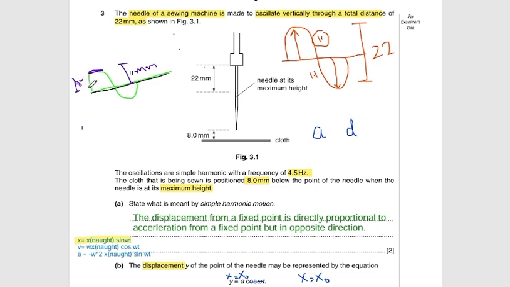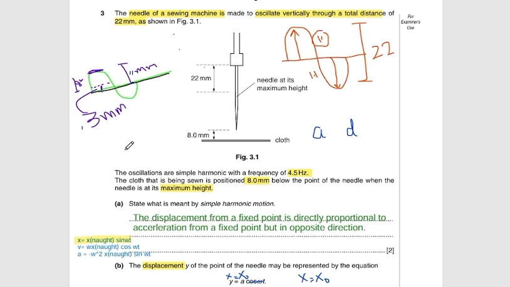The cloth is, let's assume, somewhere here. What is this distance from the equilibrium position? The total is 11, this is 8, and we have to find this. 11 minus 8 will give you 3. We will say it is 3 millimeter above the equilibrium position.